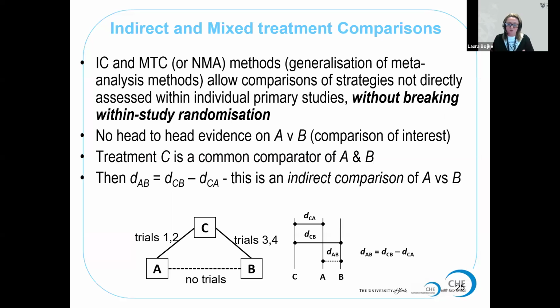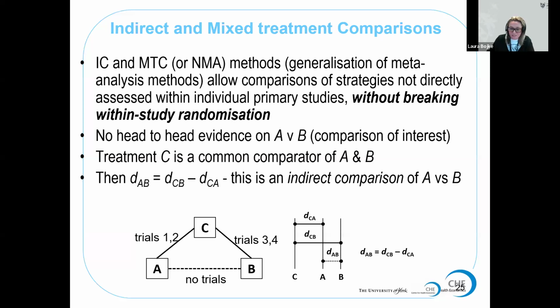So what we don't just do is take all the effect estimates from one arm of the trial and all the effect estimates from the arm of another trial. We integrate these all within a single framework and don't break all of that very valuable information about within and between study differences. So here we've got an example where there is no head-to-head evidence on A versus B. Those are the comparisons of interest.